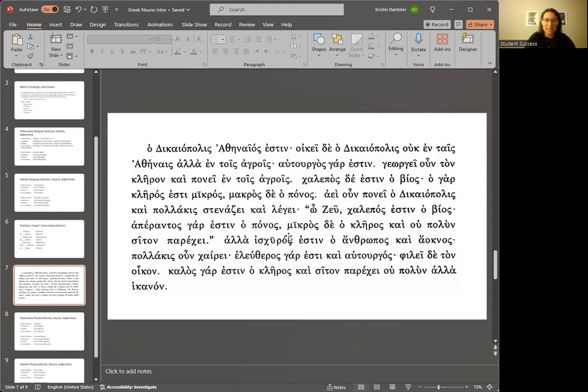Georgos. Okay, that ending right there is a telltale sign to you that it is either a noun or an adjective. It's one of the two. In this case, it is a noun. In this case, georgos is a farmer. He is a farmer.